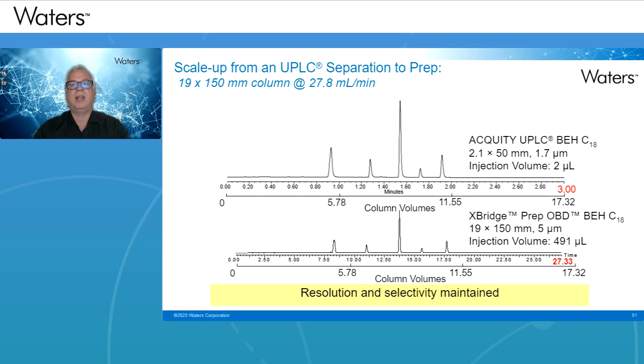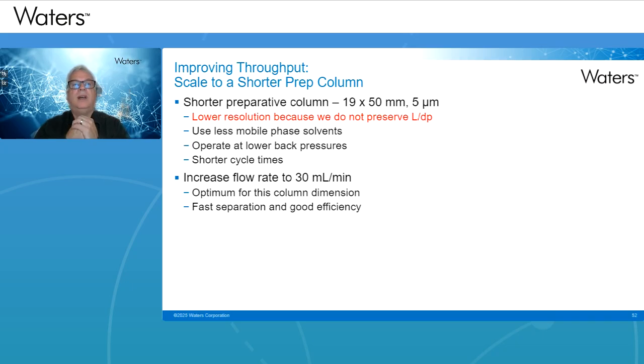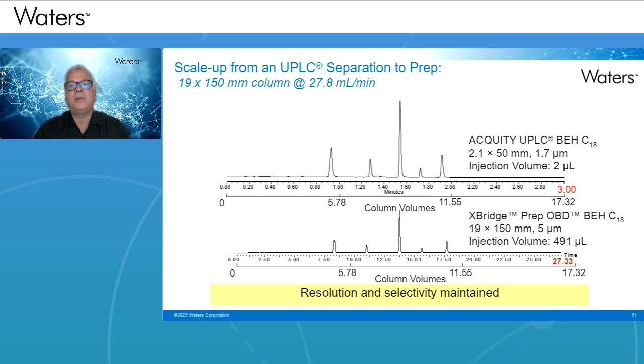Good. I will go on to improve the throughput. Sometimes we may say, okay, let's sacrifice some resolution. Like in this case over there, it was probably not necessary to have that much resolution in my peak. I realized that maybe I can get something shorter, like this one is taking 27 minutes.